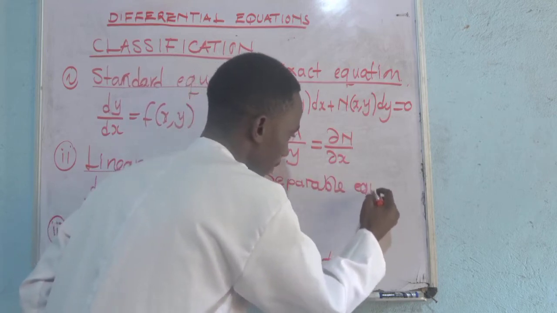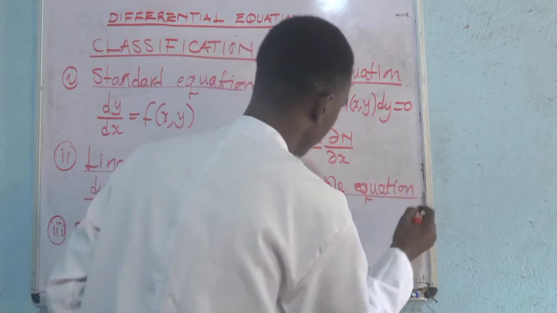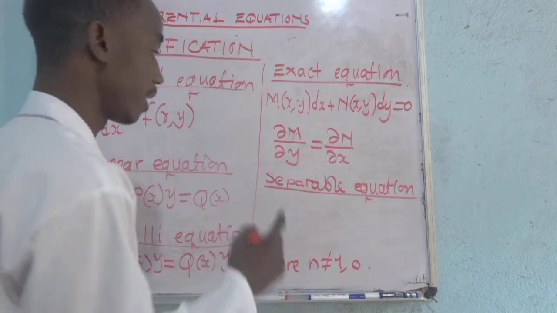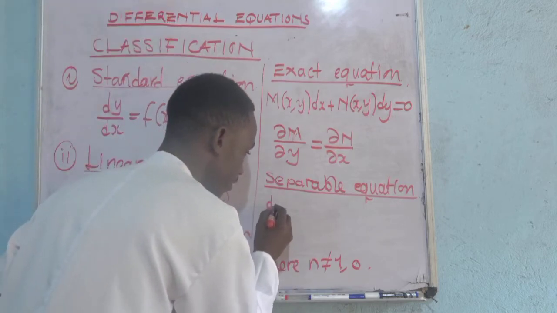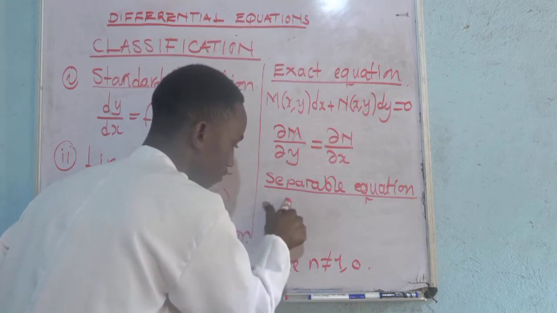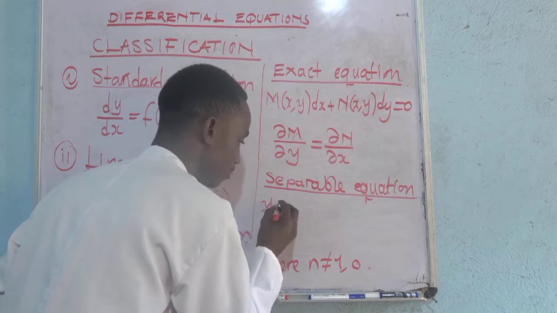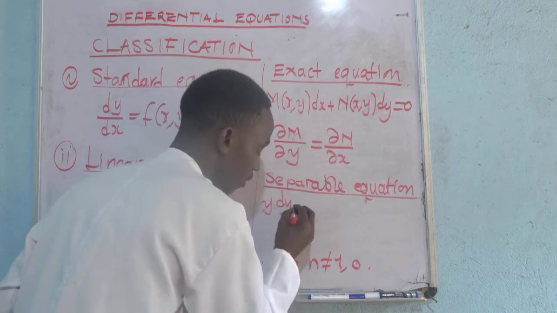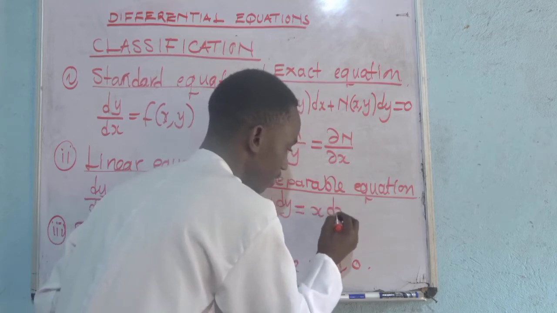Separable. So what you have here is the separable equation. Separable equations are equations such that, let's take for instance you have something like, let's say, y multiplied by dy has to be equal to x dx, like that.